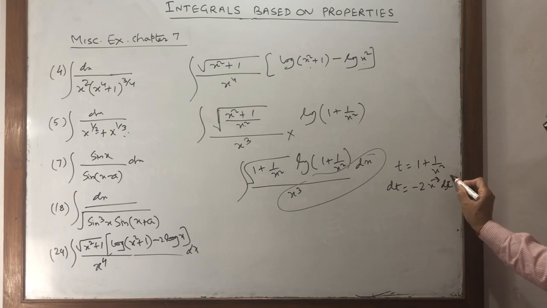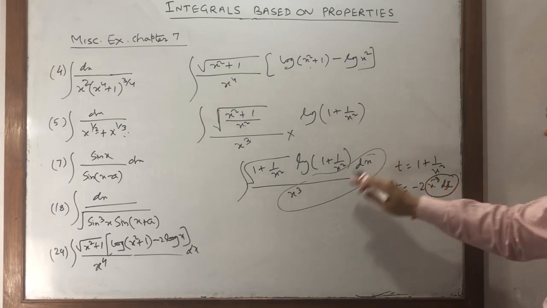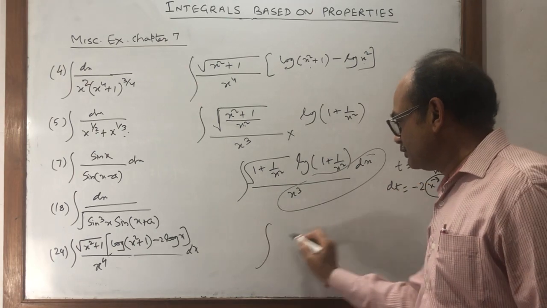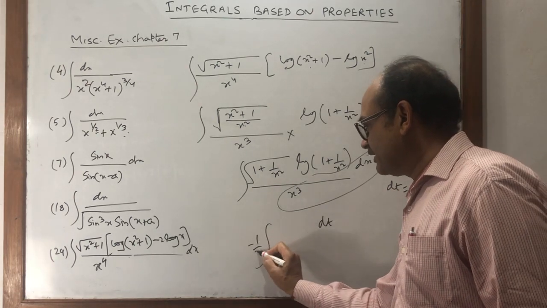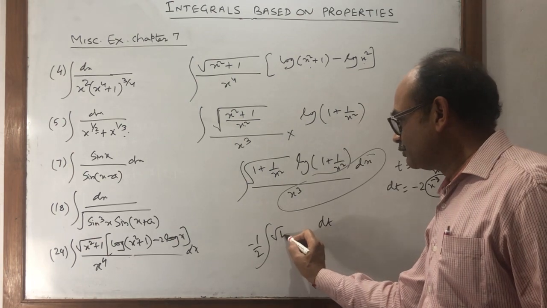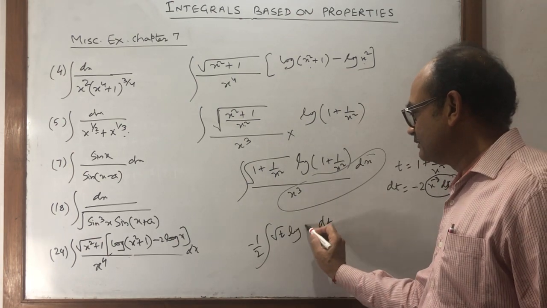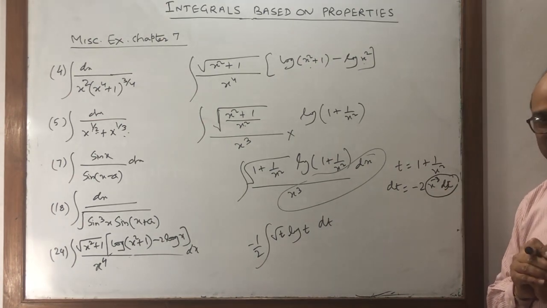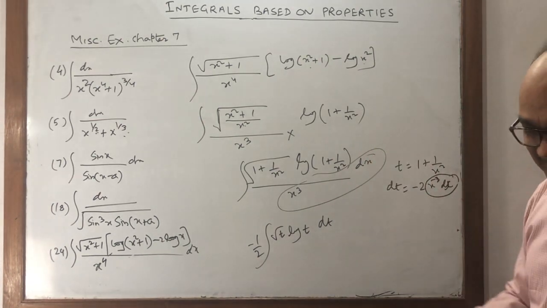Now tell me, 1 upon x cube and dx will be dt upon minus 2. So here we write dt upon minus 2. This quantity is root t, this quantity is log t. Yes or no? It is not finished yet, a lot is remaining.